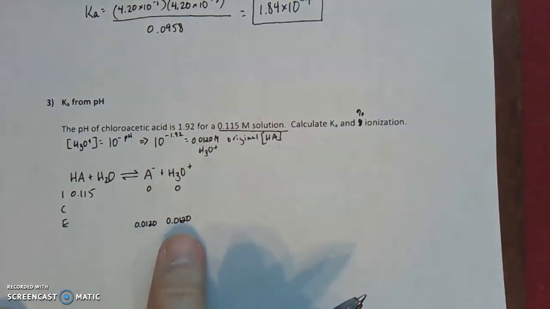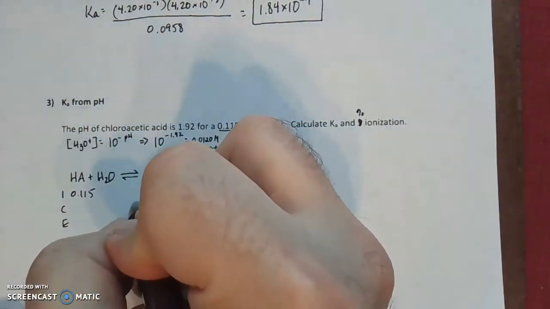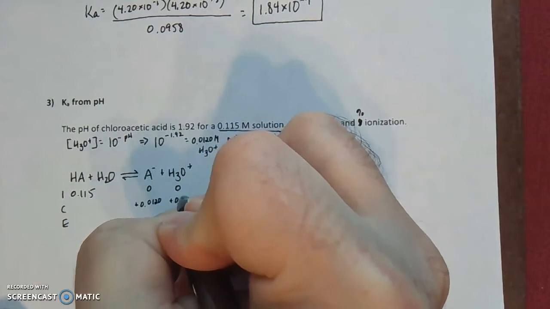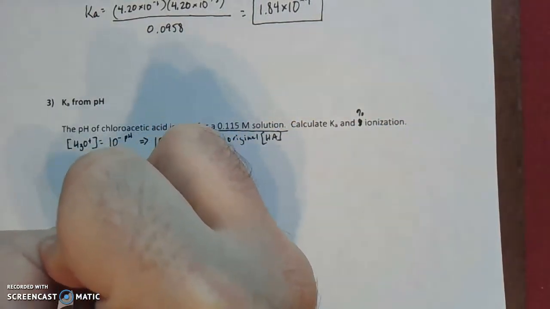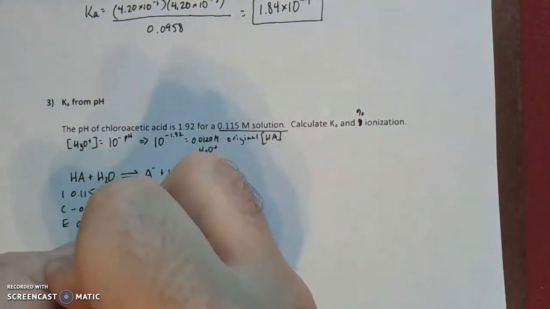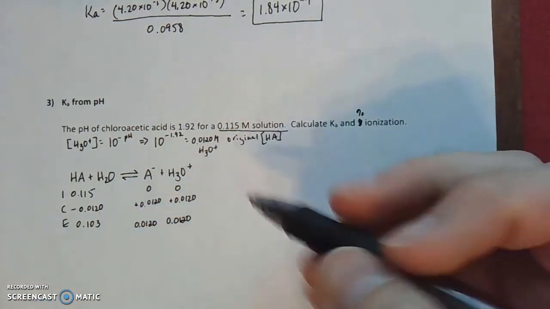So these are our values. It originally was 0, so these must be plus 0.0120. And this has to be minus 0.0120. All I have to do is subtract that, and I get 0.103.